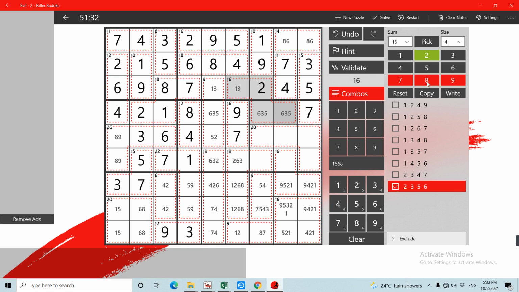So 2, 3, 5, 6. So I cannot have a 1. And if 5 and 6 are going to be here, this needs to be a 3. 3 plus 1, 4, 4 plus 5, 9.